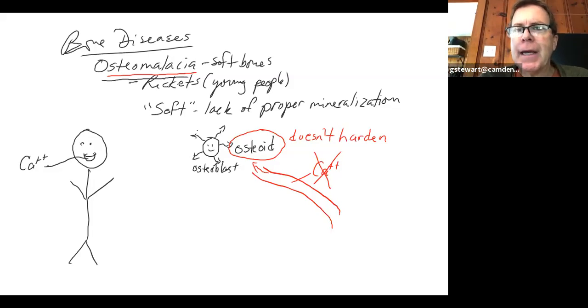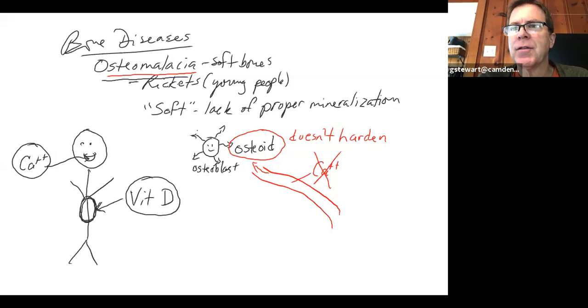Also, we can eat calcium all day long, but if we don't absorb that calcium in our intestines into our bloodstream, and we just get rid of it in our urine, that also is not getting calcium into our body. And what assists the absorption of calcium in our GI tract is vitamin D. So the lack of either one of these, either ingesting calcium or getting enough vitamin D, can cause calcium deficiency or lack of proper mineralization.